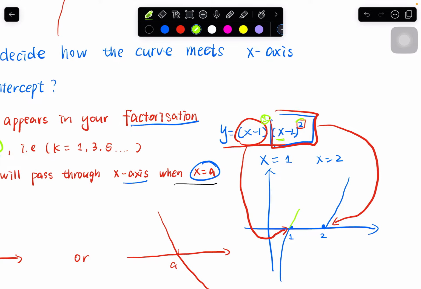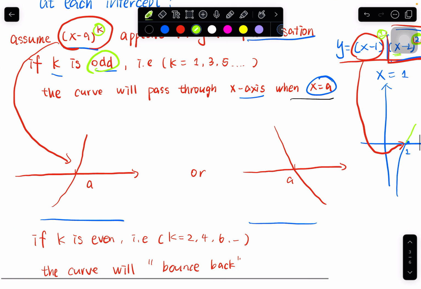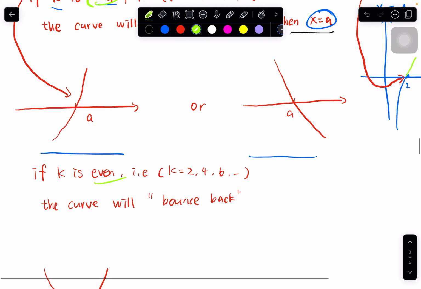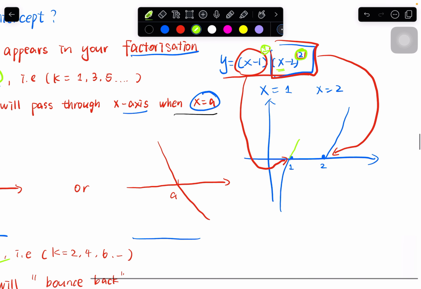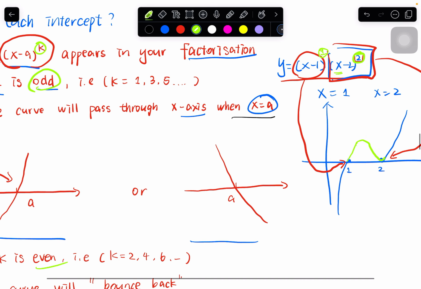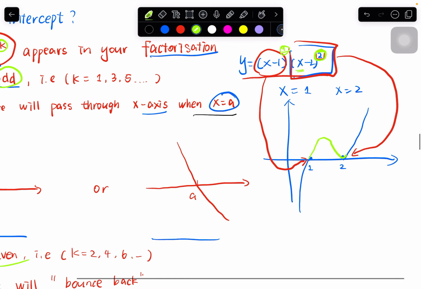So as you can see here, k equals 2. So k is an even number. So the curve will bounce back, which means the curve will look like this. So for this function, we just need to know when the curve will pass through and when the curve bounces back, and we're gonna get the whole function.